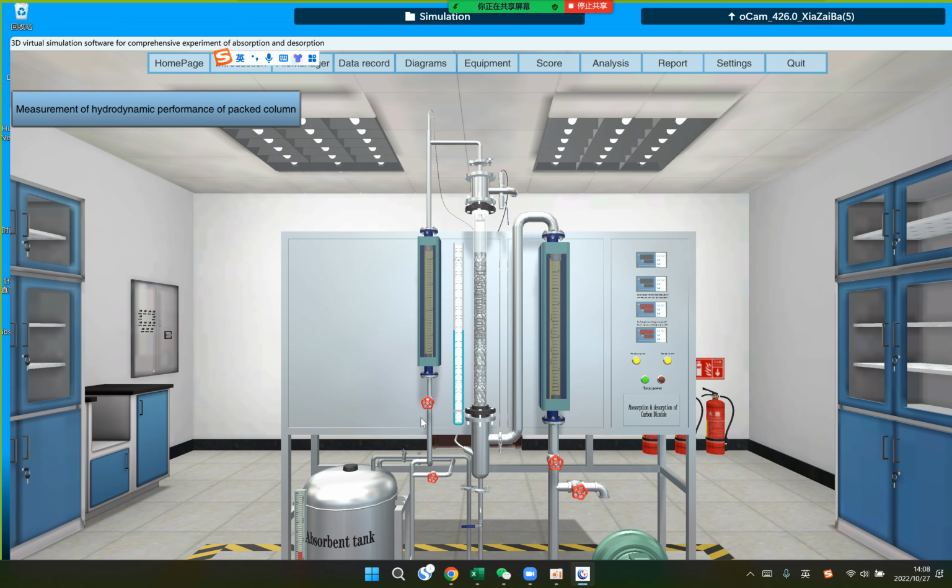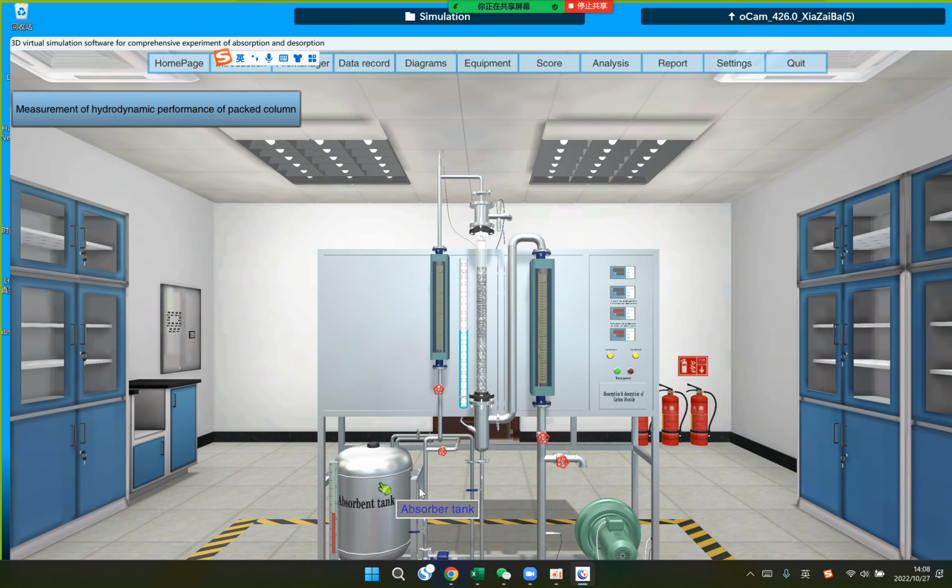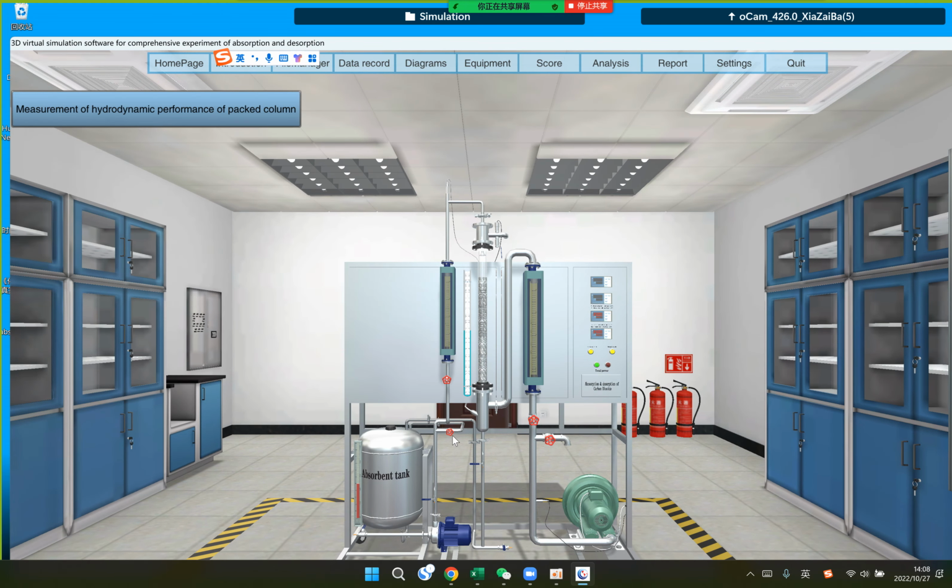Okay, and this time we can control the flow rate. If you remember, I said there are three kinds of way to control the flow rate for the liquid, and for this case, we only use the first one. The first method is to control the opening of the valve at the end of the pump. So we may use this one to control.